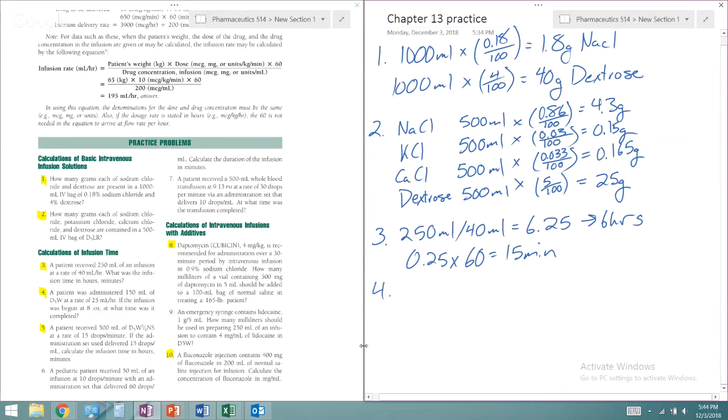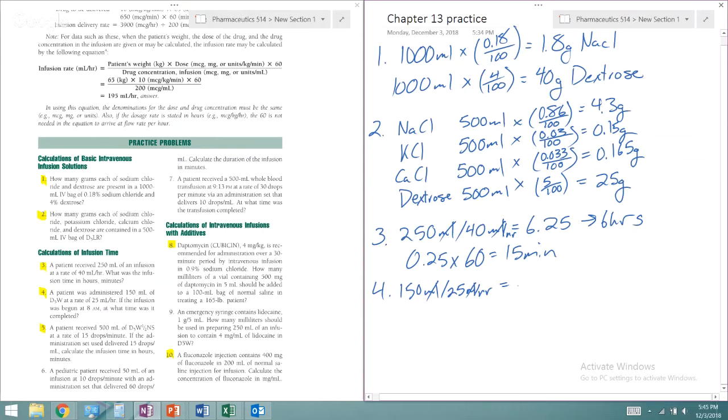All right, number 4. A patient was administered 150 ml of D5W at a rate of 25 milliliters an hour. If the infusion was to begin at 8 a.m., what time was it completed? So 150 mLs divided by 25 mLs an hour. So the mLs get canceled out, and you find, well, this is also per hour.